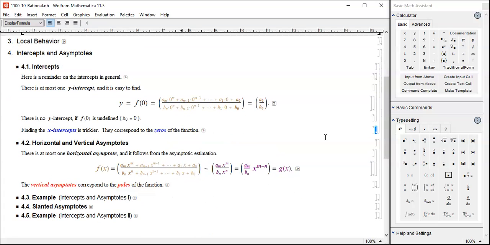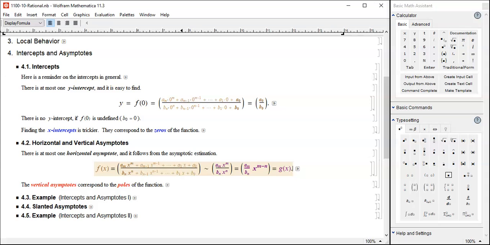Let's compare the y-intercept computation and the horizontal asymptote computation. Here, we take the last terms only, a0 over b0. Here, we take the first terms, a_n x to the nth power over b_n x to the nth power. Last, first. See the parallel?